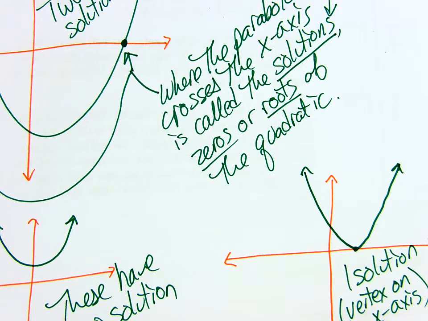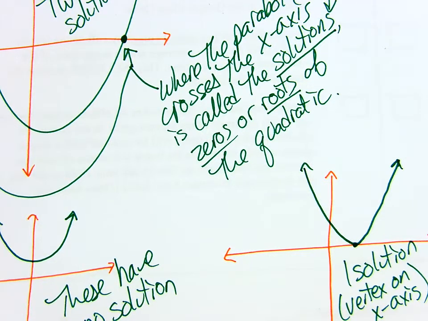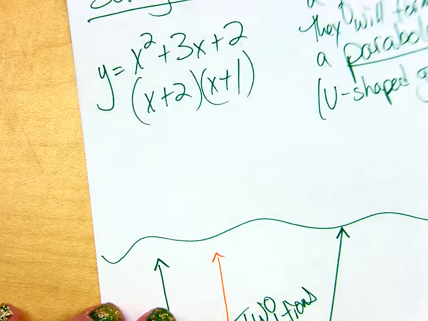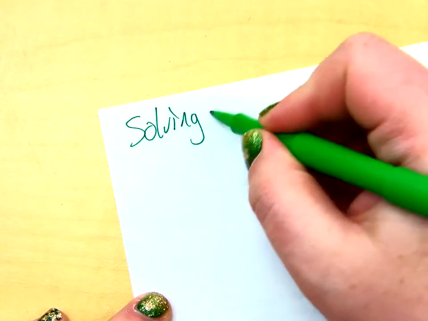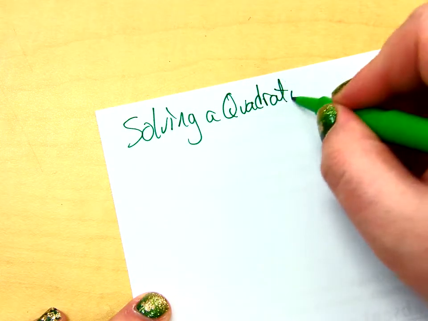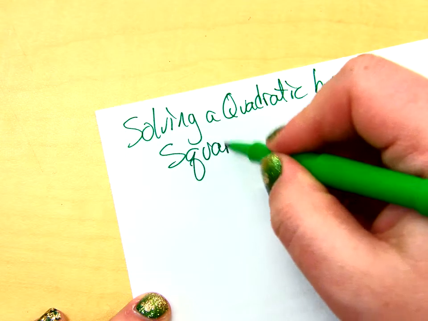Okay, so I mentioned we're going to go through a bunch of different ways to solve quadratics. Today we're going to talk about the first way, the easiest way, but you can only do it in certain circumstances. So this way is called solving a quadratic by square rooting.